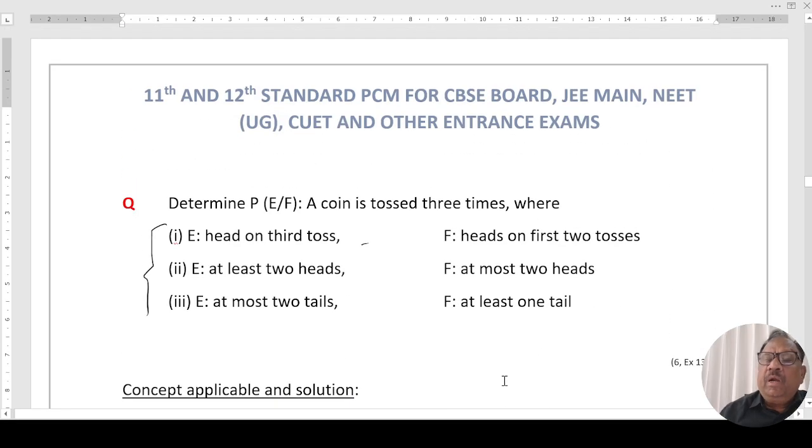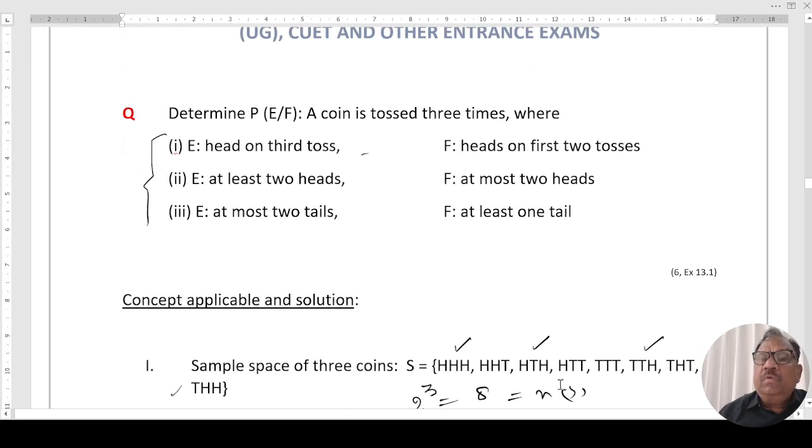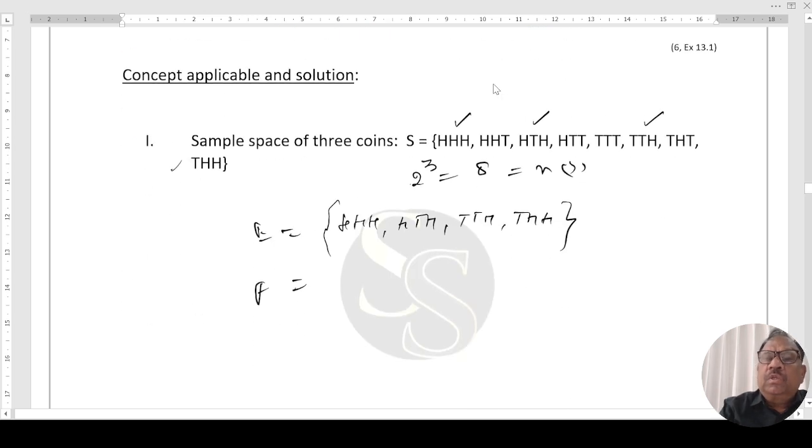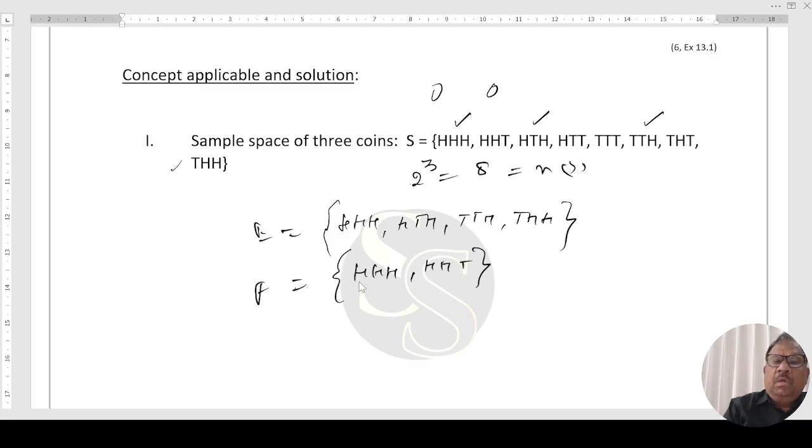F is heads on first 2 tosses. So this is favorable, first two से, this is favorable, and another one no. So this is HHH and HHT, right?